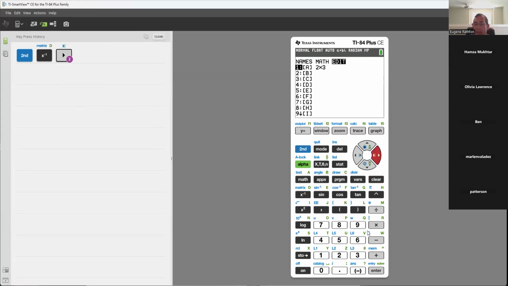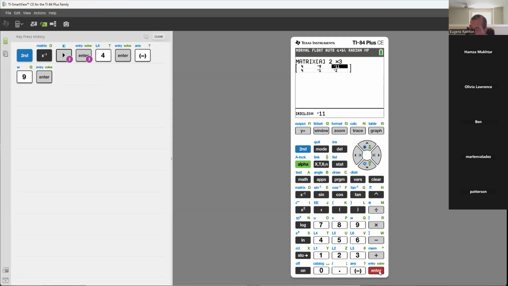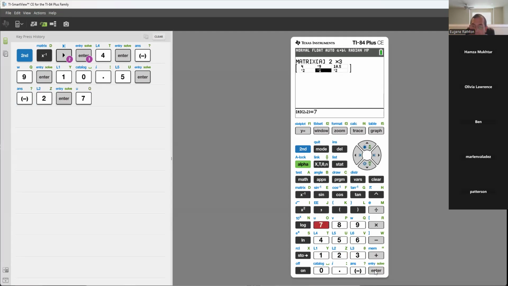Arrow right to edit and hit enter. It's still a 2 by 3, so enter, enter. And then your numbers on this one were 4 for the x, negative 9 for the y, 10.5 for that answer on the first row. Then you had a negative 2x, positive 7y, and then that row equal to negative 6.5, enter.